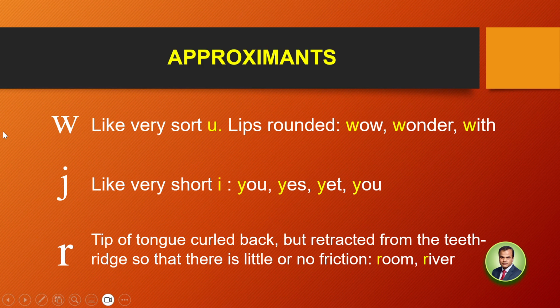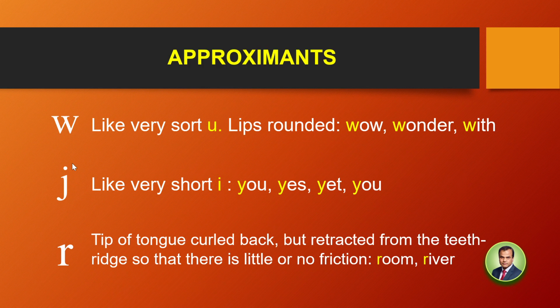The first symbol you see on your left is W as a letter, but as a sound it is pronounced as w. The lips must be rounded when you are pronouncing this symbol. You will find this symbol in words like wow, wonder, and with.